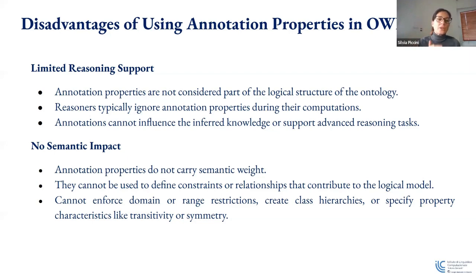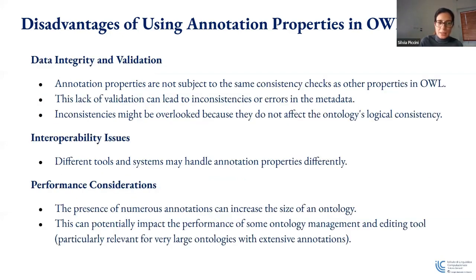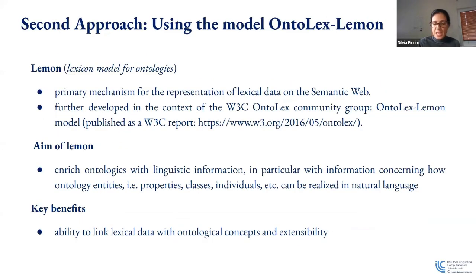And we also have seen that there are some limitations that are mainly connected with reasoning issues, with the semantic impact, with the interoperability issues, and also with performance considerations.